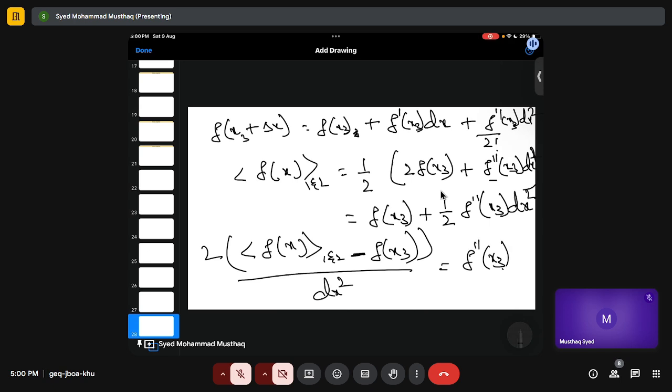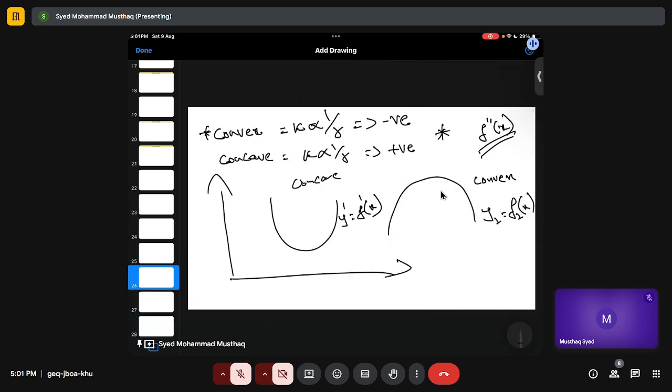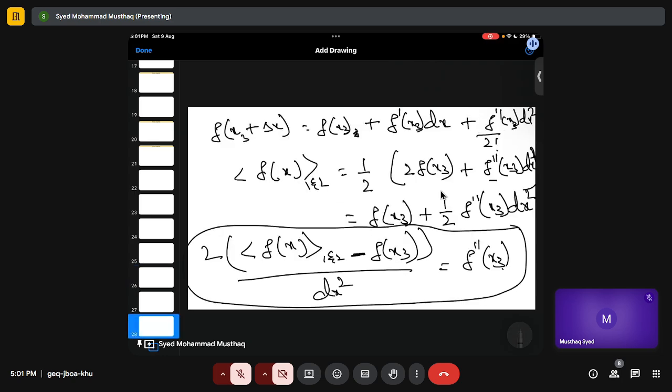Now we have reached a very simple correlation. You don't need to remember which one, convex will have negative curvature, concave will have positive curvature. No, all you have to remember is this relation.